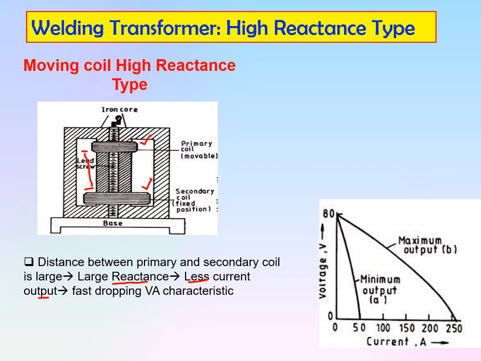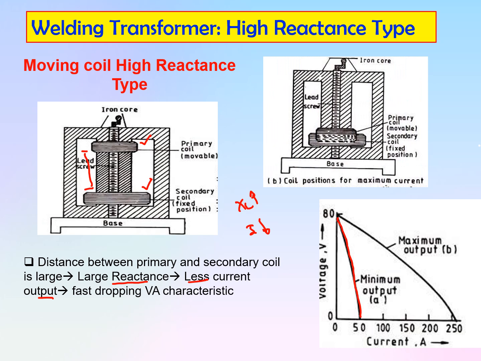As the XL value is greater, obviously the current value is going to decrease. Hence, you will get less current, and you will get the fast drooping characteristics over here. So when the distance between these two is large, you will get the minimum output.